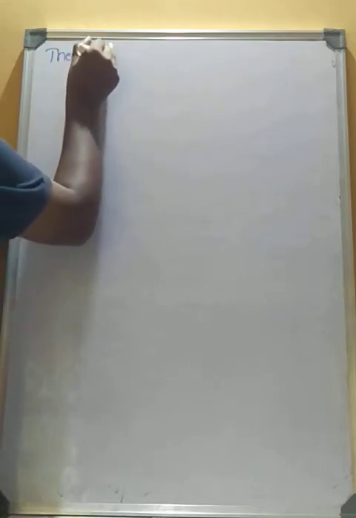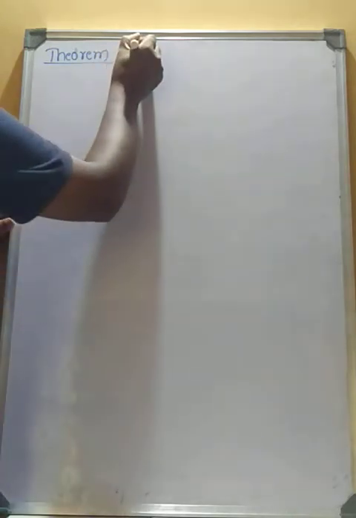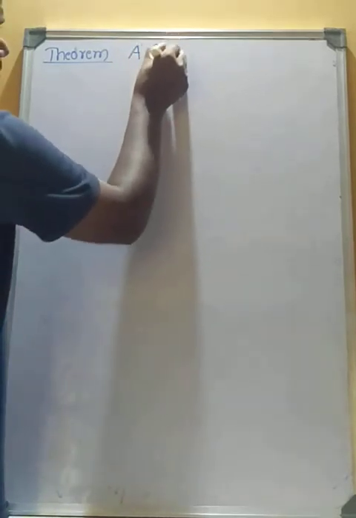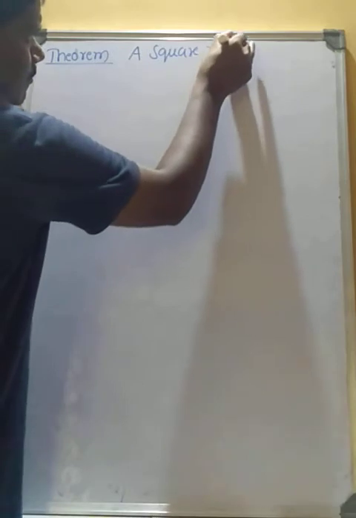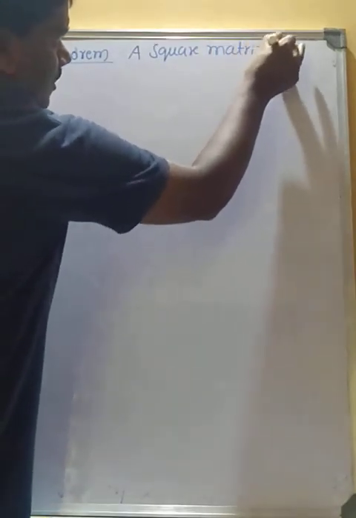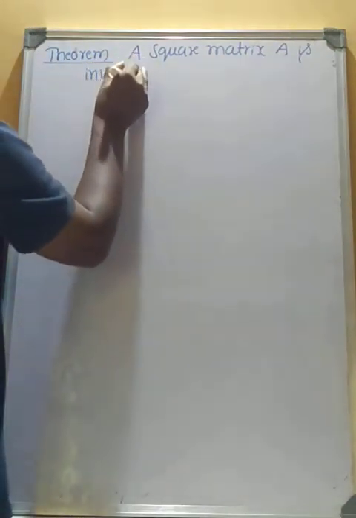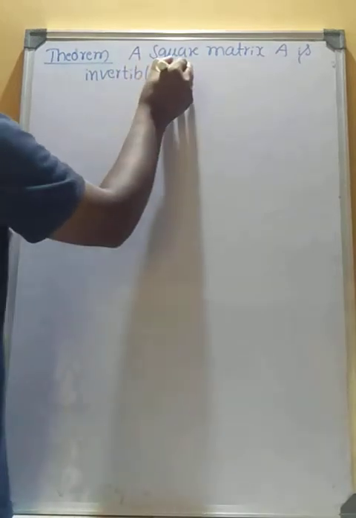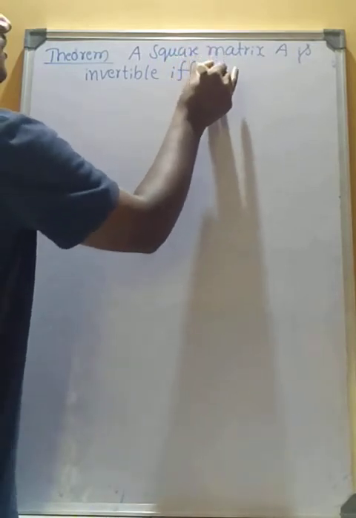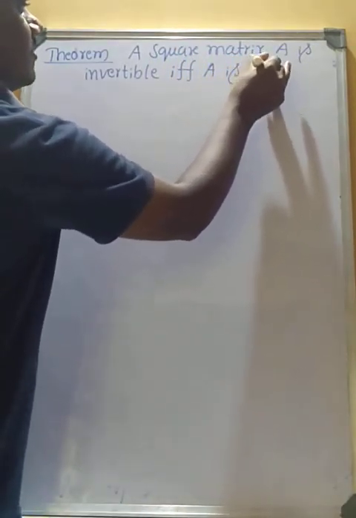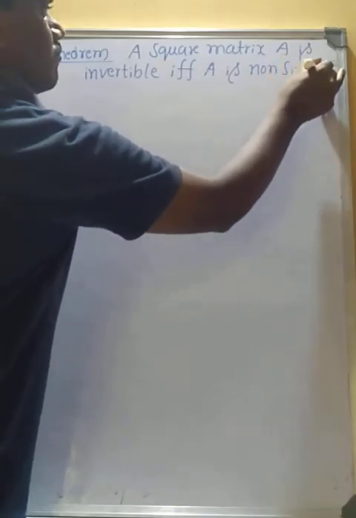The next, one theorem is there. Theorem: a square matrix A is invertible if and only if A is non-singular.